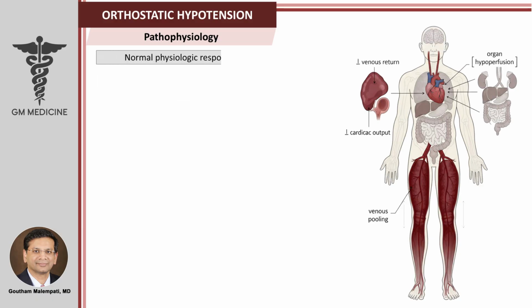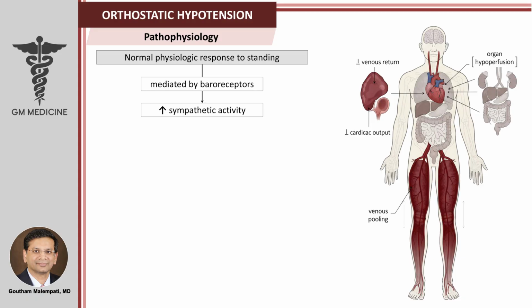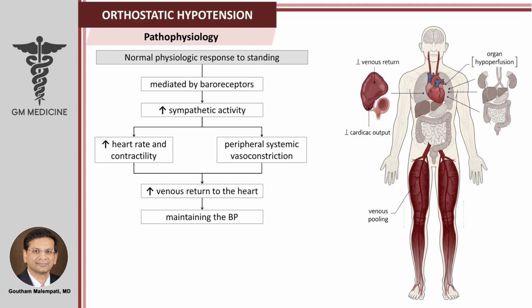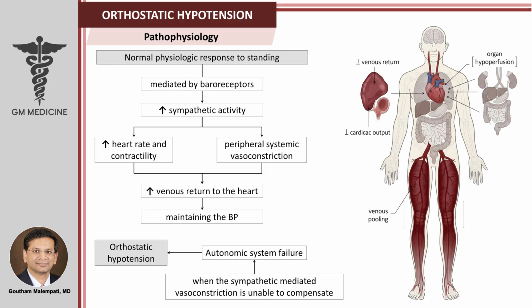The normal physiologic response to standing is mediated by baroreceptors, which cause increased sympathetic activity, leading to increased heart rate and contractility, and peripheral systemic vasoconstriction, causing increased venous return to the heart, thereby maintaining the blood pressure. Orthostatic hypotension results from autonomic system failure when the sympathetic mediated vasoconstriction is unable to compensate.